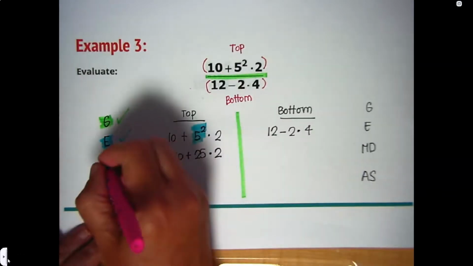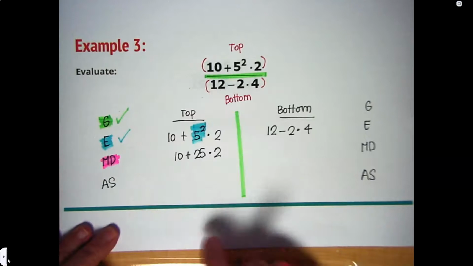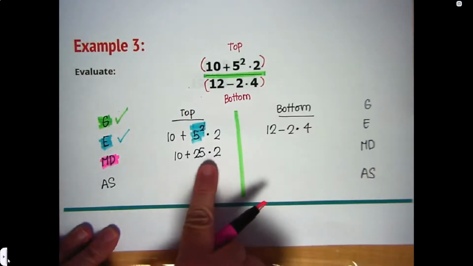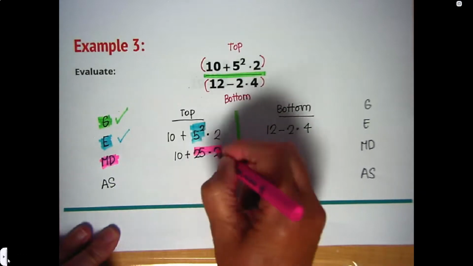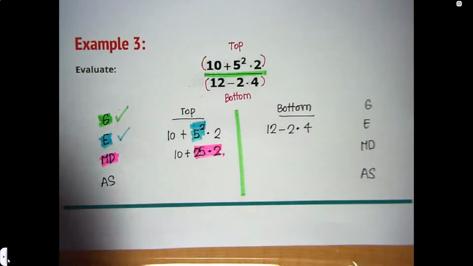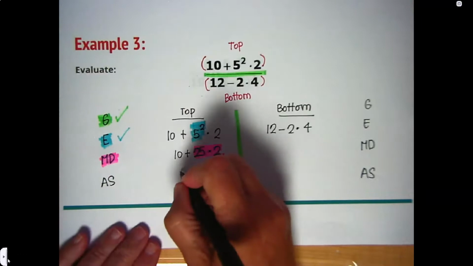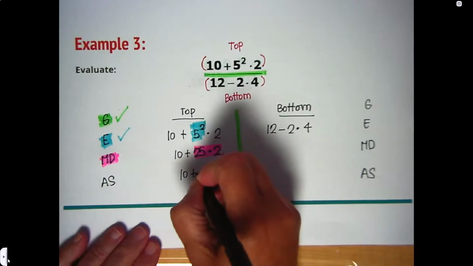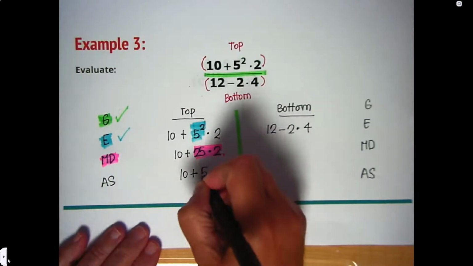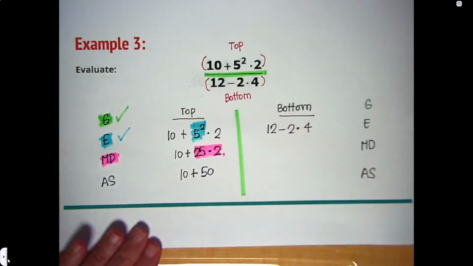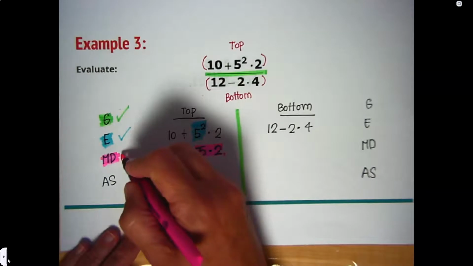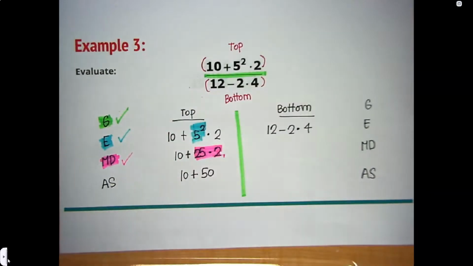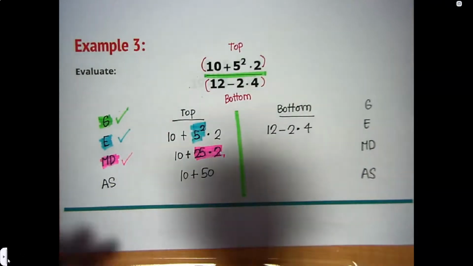Now I am looking for multiplication and division. So when I look at my problem, I see a multiplication right here. It's the only one. So I am going to do 25 times 2. Starting from the beginning, I have 10 plus 25 times 2, which is 50. No more multiplying or dividing, so I check that off. And so now I'm at that very last step.